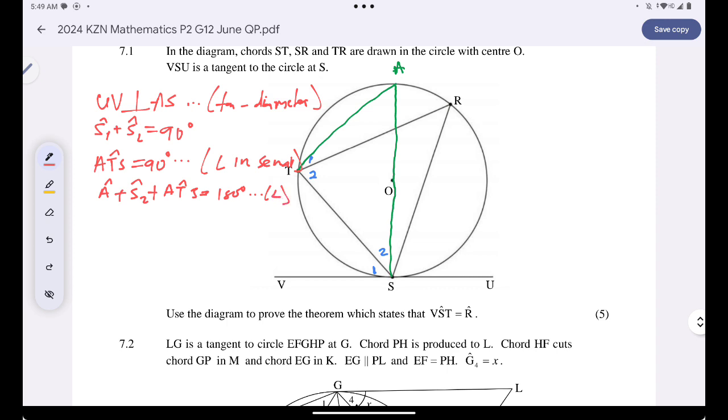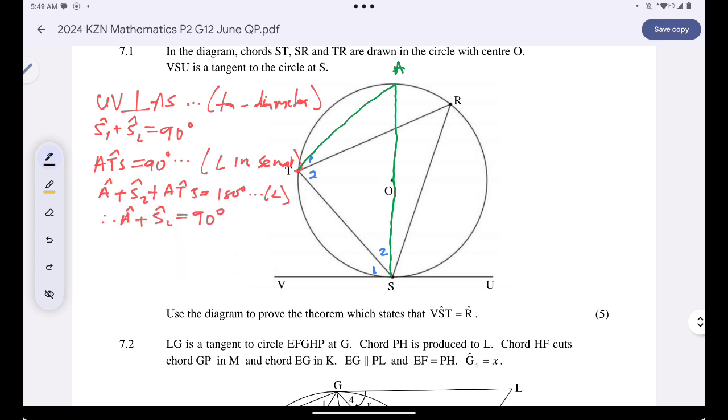I'm lazy to write everything, but please write the complete reasons when you do it. This simply means that angle A plus S2 are both equal to 90. Are you together? I have an angle plus S2 and then I get 90.